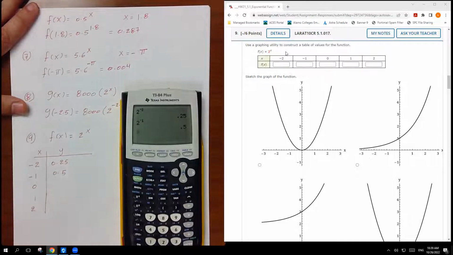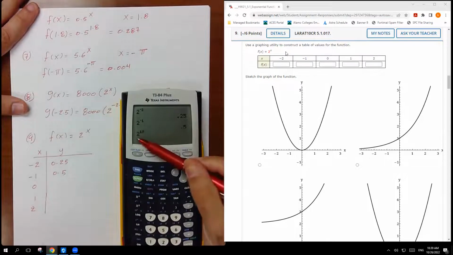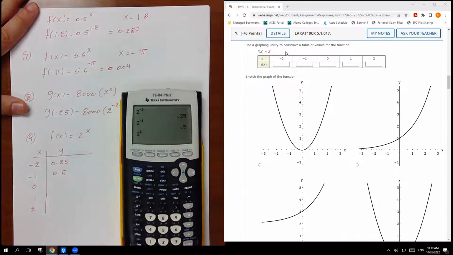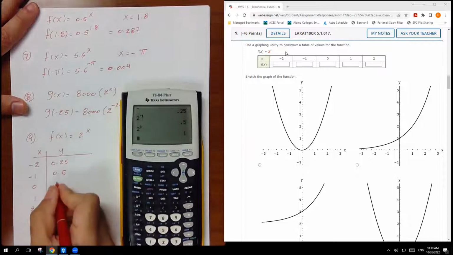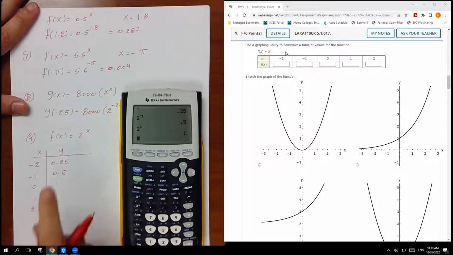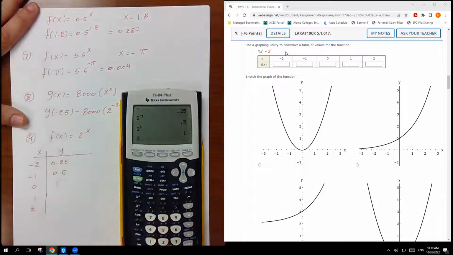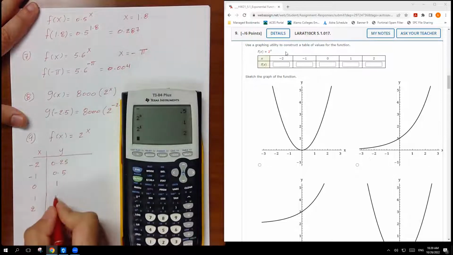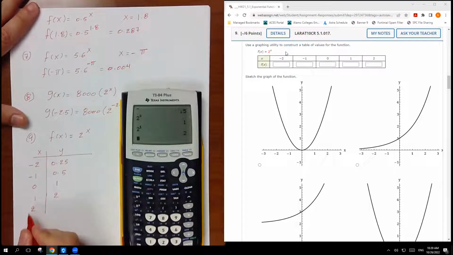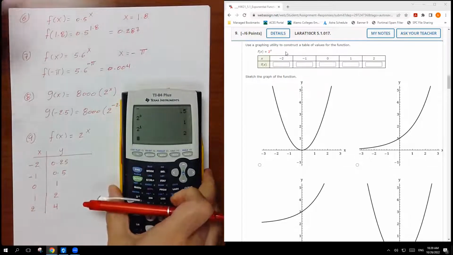Now we're going to plug in 2 to the exponent 0. Any number with the exponent 0 is always going to be 1. Now 2 to the exponent 1 is going to be 2. 2 to the exponent 2 is going to be 4. So here is the value for this table.